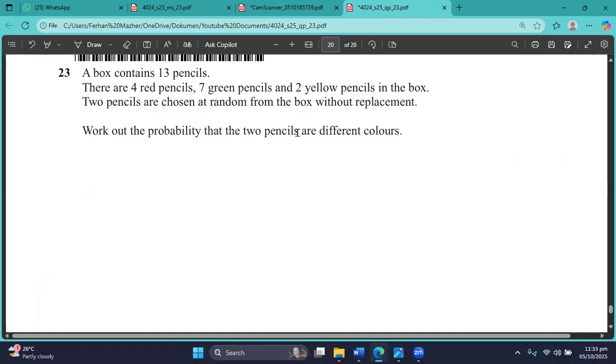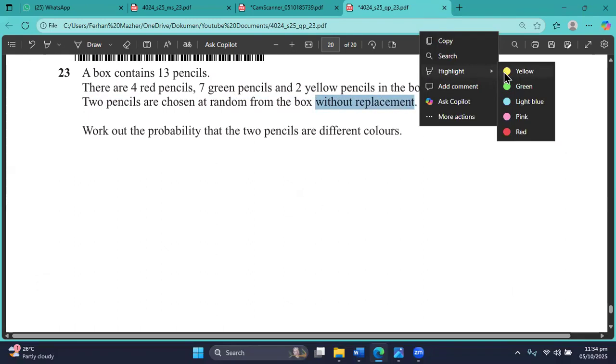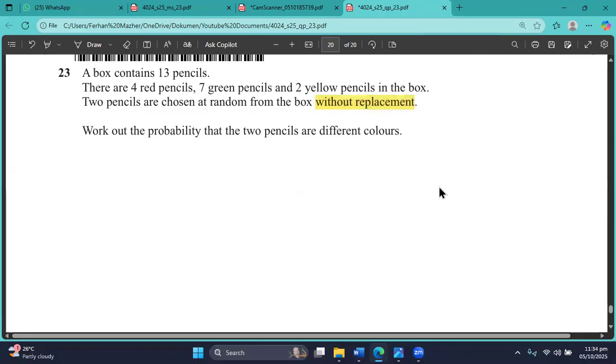This word without replacement is very, very important, because when this happens, when you are taking out the second one, the total will change and the individual values also change. Work out the probability that the 2 pencils are different colors.